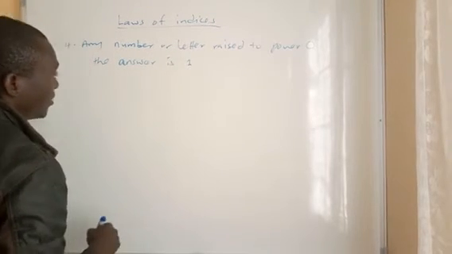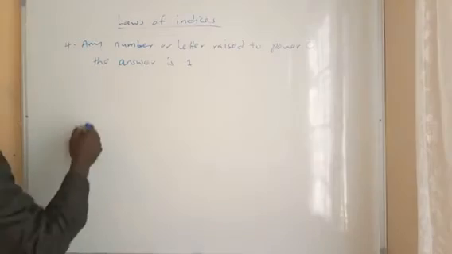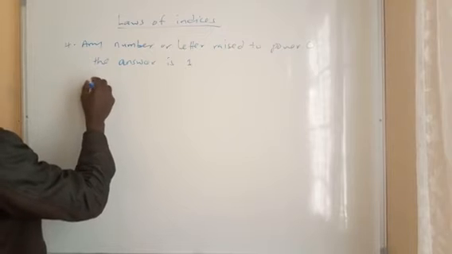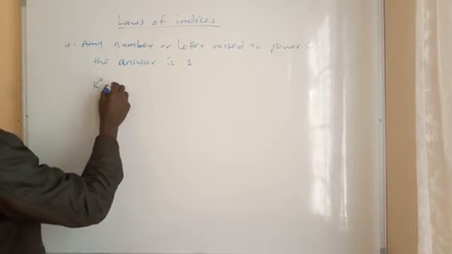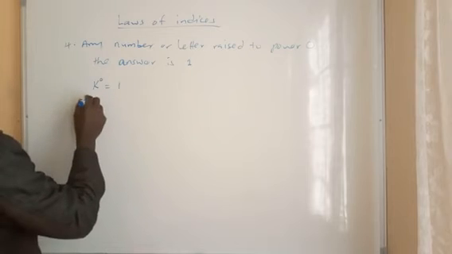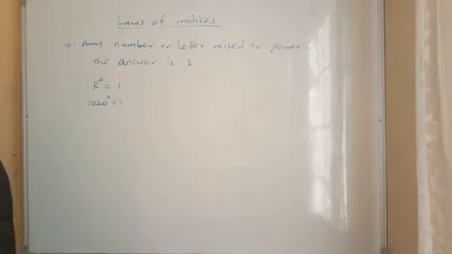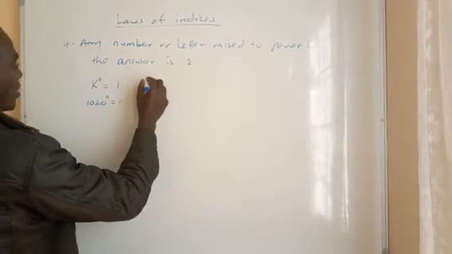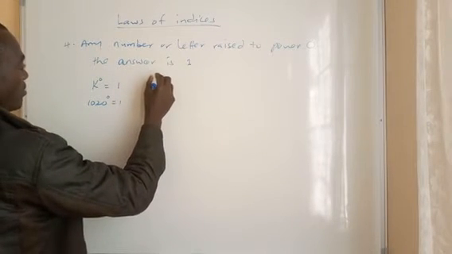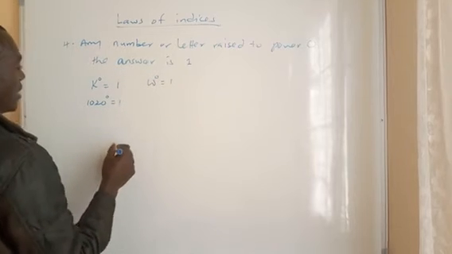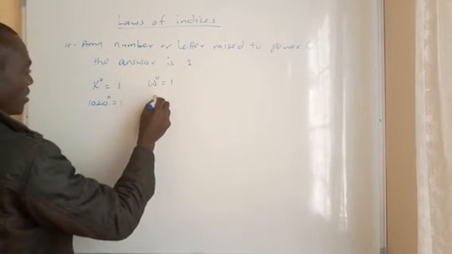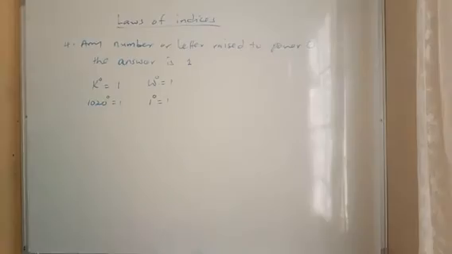Any letter or any number raised to power 0, the answer is 1. So that means k power 0, what is the answer? 1. 10, 20 power 0, the answer is 1. W power 0, it is 1. 1 to power 0, the answer is what? 1. Any number, if you raise it to power 0, then the answer becomes 1.